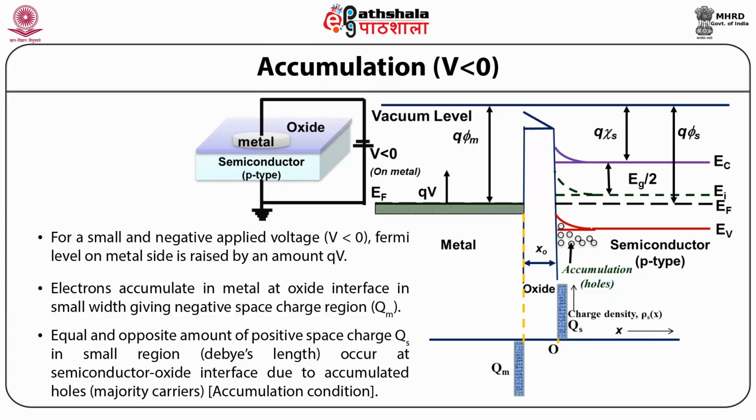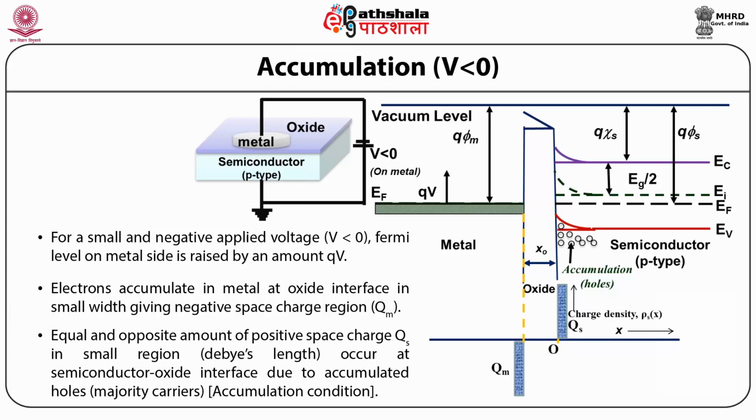So no current flows in the MOS irrespective of V. The Fermi level in the semiconductor will remain constant. The vacuum level must bend up gradually to accommodate the applied V from the semiconductor side. Since the oxide is assumed to be charge-free, the lower edge of the oxide conduction band will bend linearly.